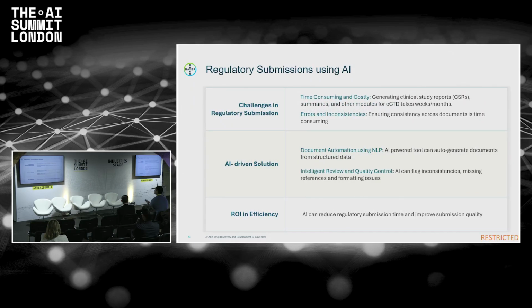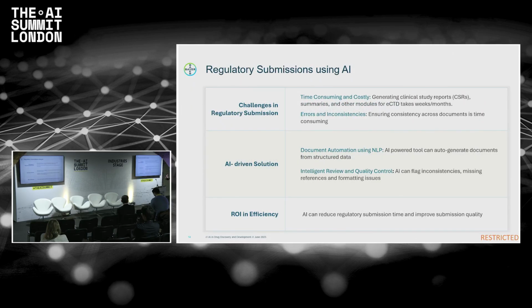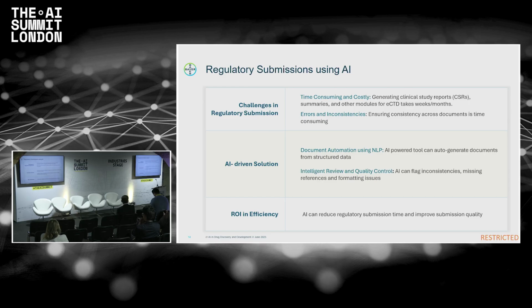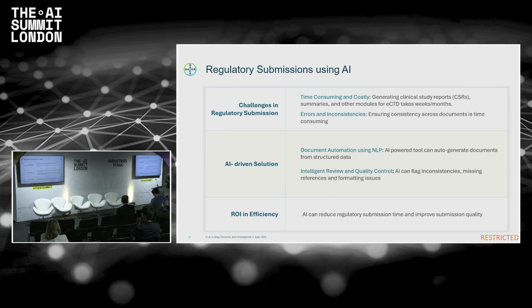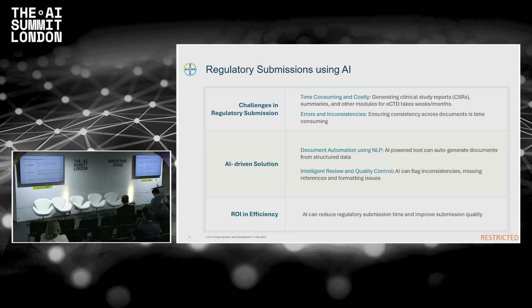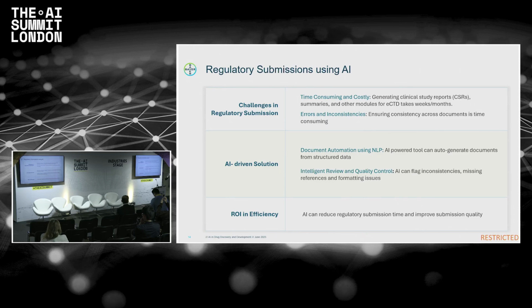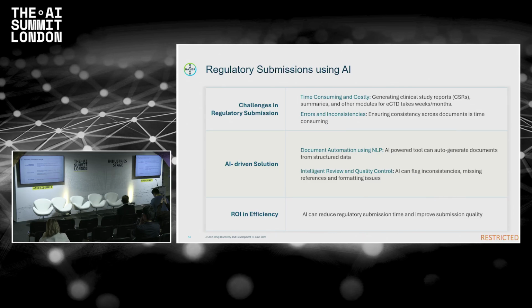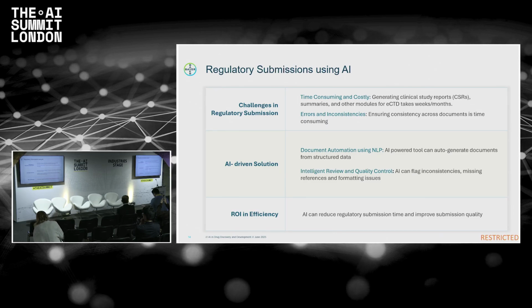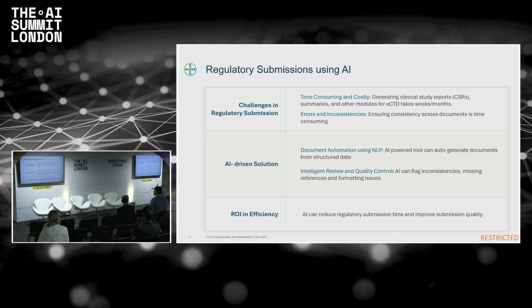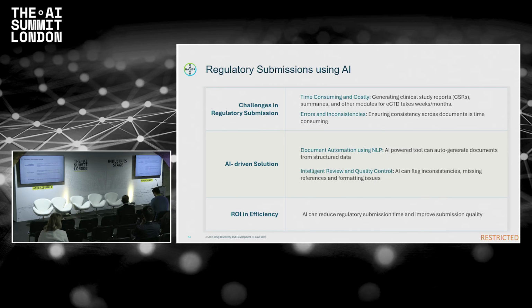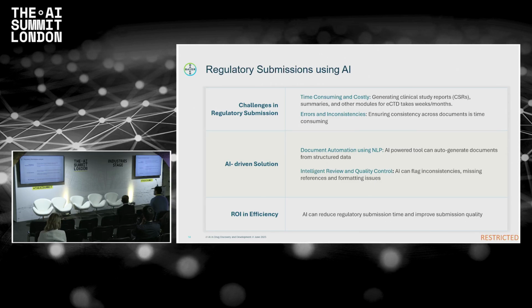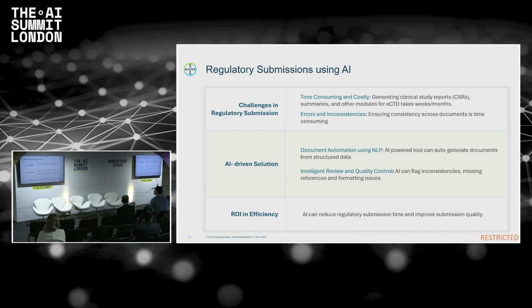The regulatory submission. Imagine you run a trial and you realize that there is a huge opportunity, good results you want to submit. Now, writing these documents, you won't believe me, is thousands of pages you need to write. They should be properly formatted. They should be submitted. Thousands, if not millions.